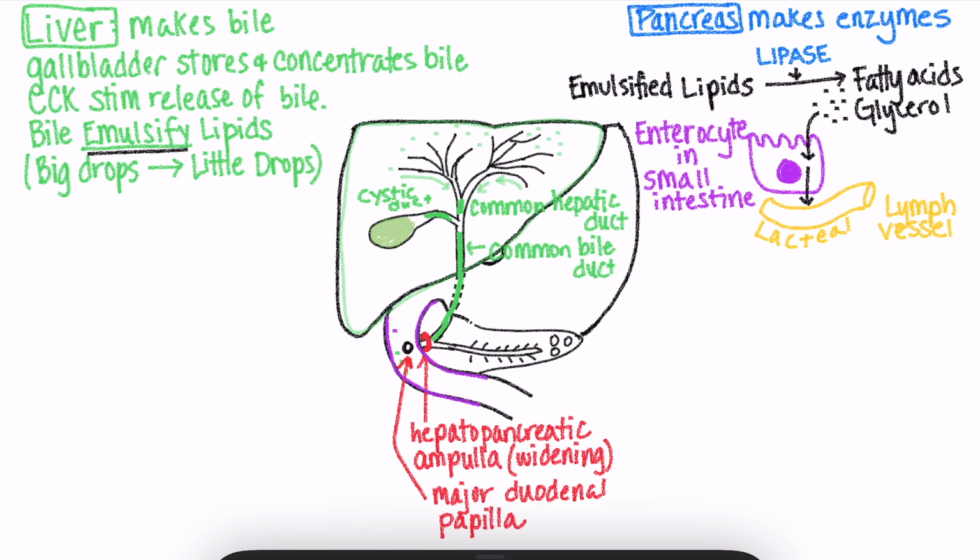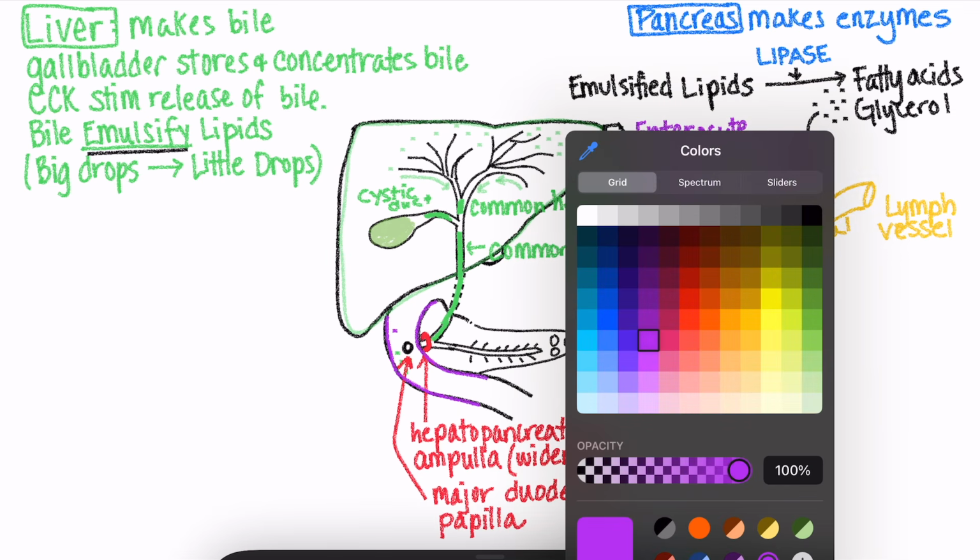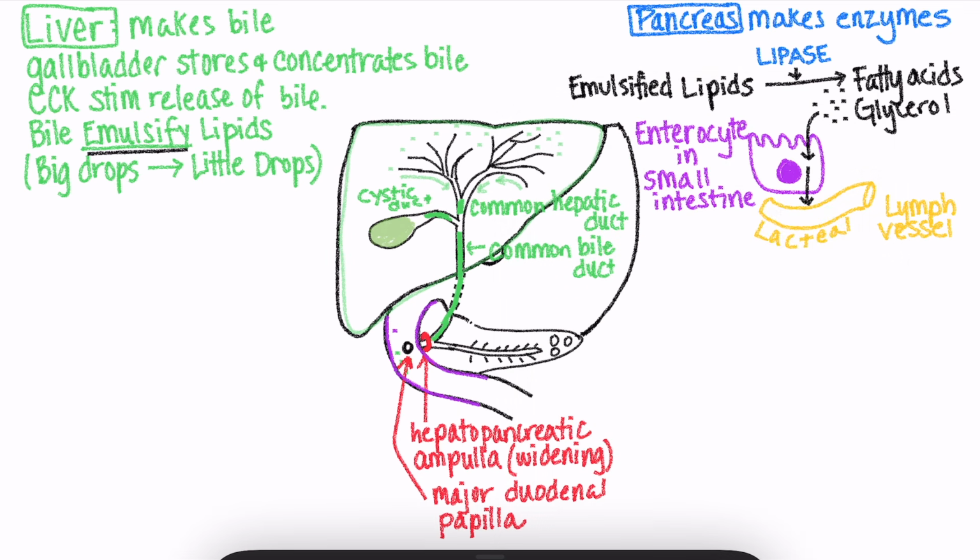And so the end result is that those fatty acids and glycerol are absorbed into the lacteals. And then from there, they get dumped into the bloodstream near the heart. So the heart gets first dibs on these fatty acids, which it loves to use to make ATP.